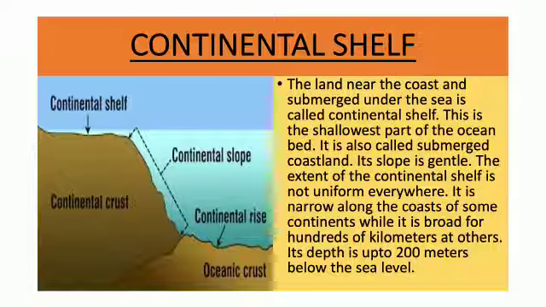Continental shelf is useful for fishing, obtaining various minerals, natural gas, and mineral oil, etc. So, children, you can see on the screen the part of continental shelf. It is indicated in the diagram. In the continental crust, also the continental shelf is indicated. It is the shallowest part of the ocean bed, and it is also called submerged coastland.